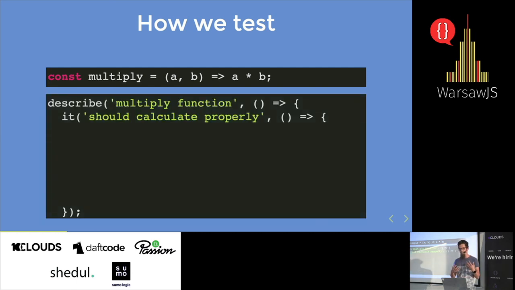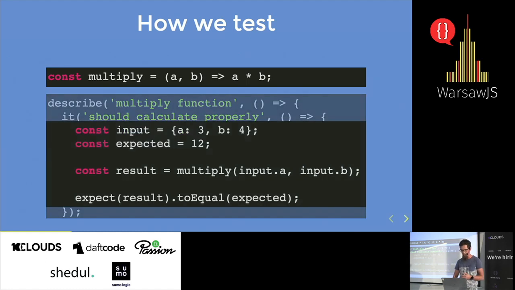We can choose from a lot of testing frameworks, and most of them will have syntax similar to this. We provide a test suite with the describe wrapper, and then we put individual tests in the it function. So our multiply function should calculate properly.